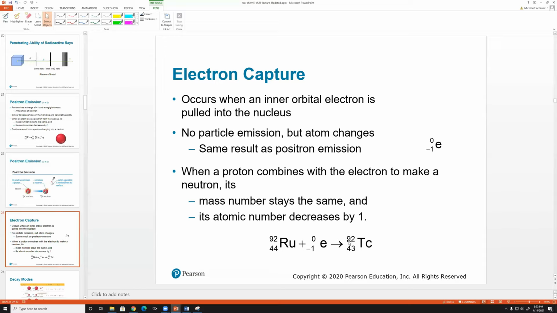It does the same thing to the product, but you are accepting a negative charge to a proton to turn it into a neutron. So instead of removing the positive from a proton, you're adding a negative. So literally the same thing. A proton combines with an electron to make a neutron. Where does this electron go? I don't know why he's there alone. He's just floating around.